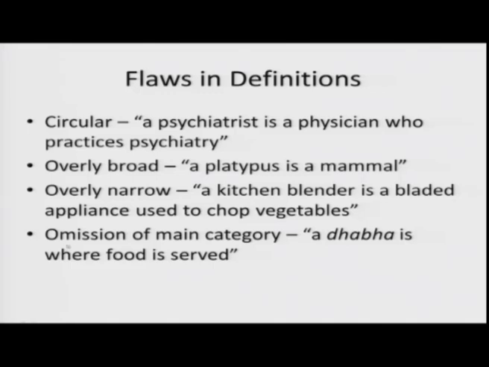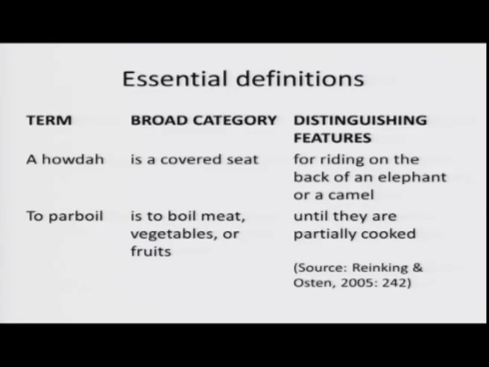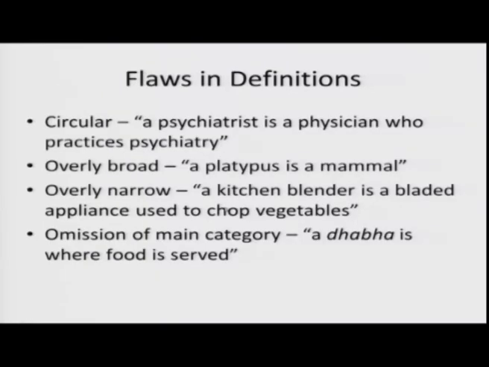Then another problem could be that you leave out the main category. If you recall, we noted that you need to place the given term under a specific broad category, but if you do not do it, then the definition is incomplete. Here is an example.